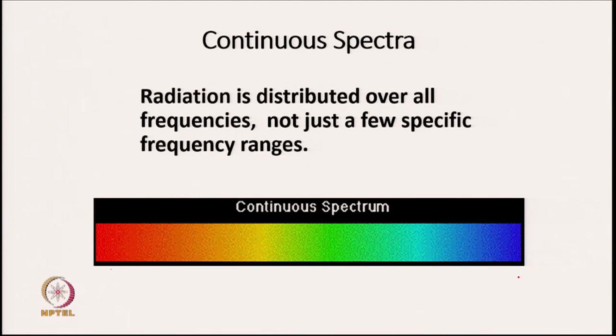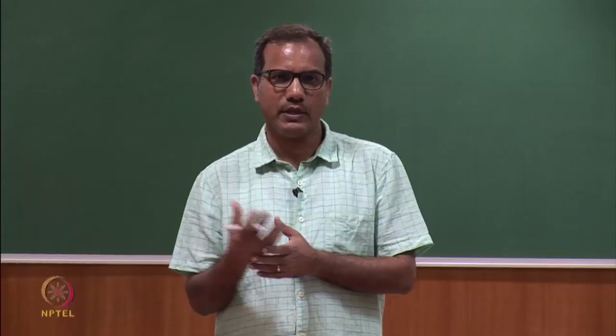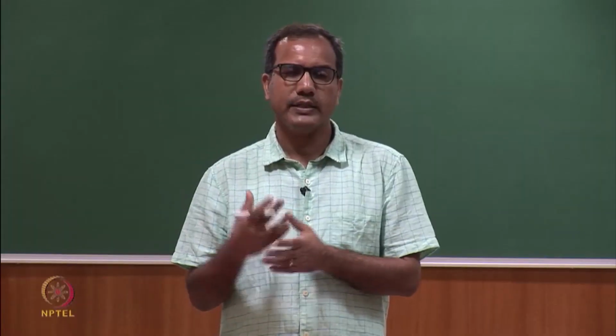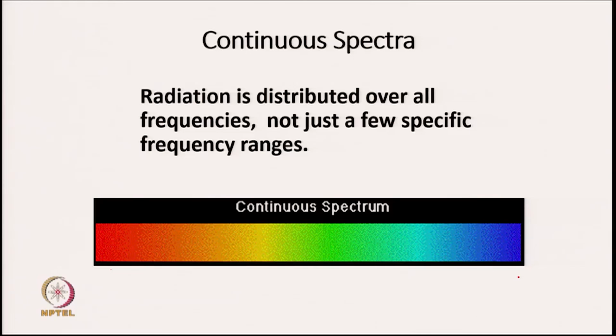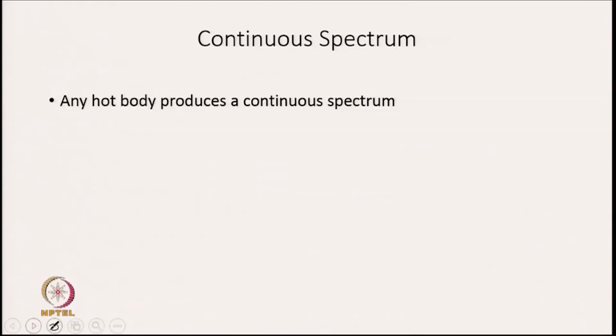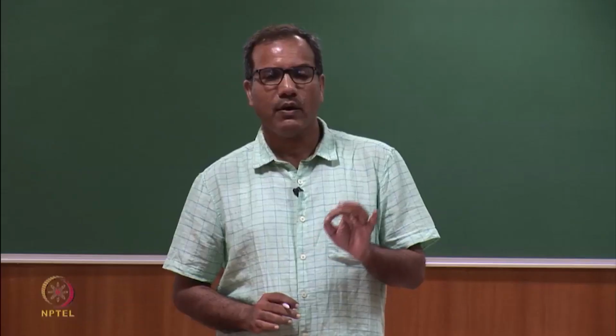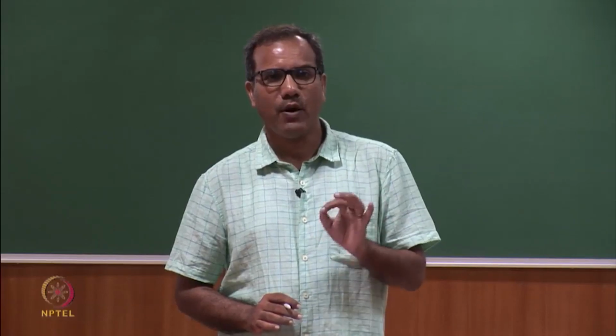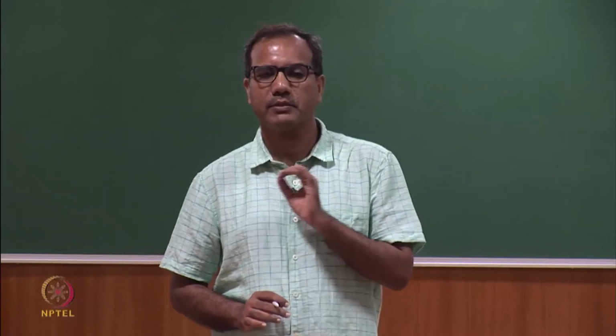For example, if you see the emitted light from the sun, it is an example of a continuous spectrum. So, we get a continuous spectrum when we heat a body; any hot body produces a continuous spectrum.